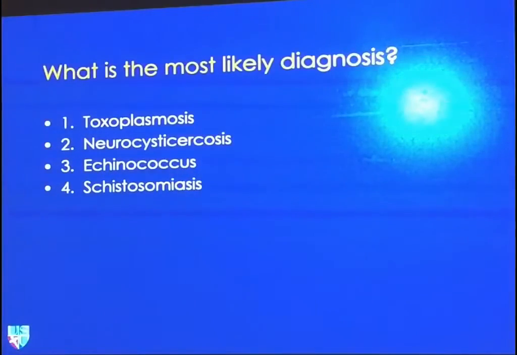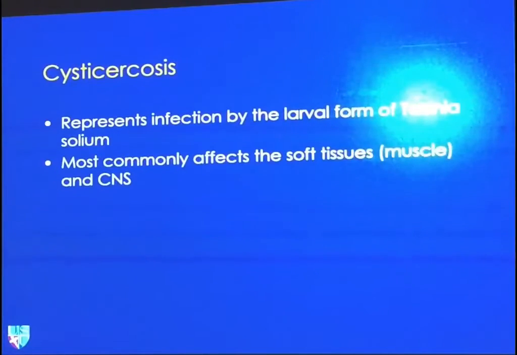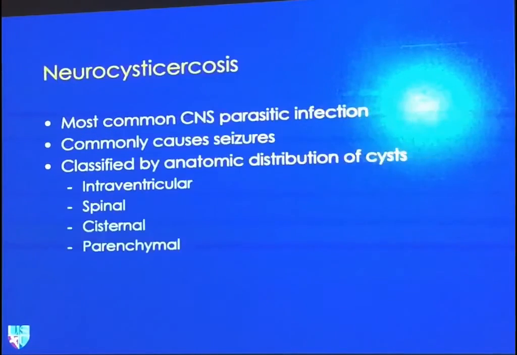All right, now I'm kind, so I may have thrown a little hint in these answers. So what is the best diagnosis? Neurocysticercosis. Cysticercosis can involve infection in kind of a bunch of different areas, but the main ones that we run into are soft tissue infections, so in muscle, versus CNS infection.